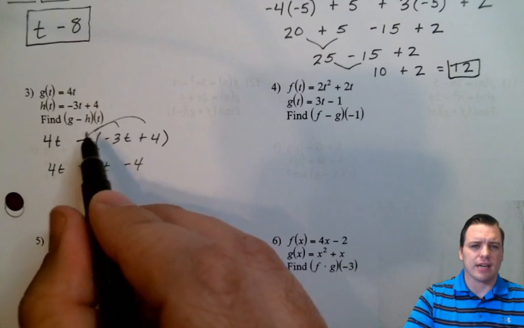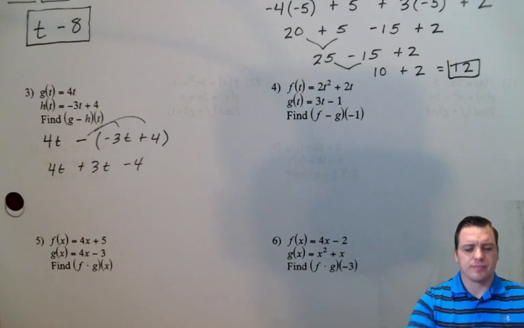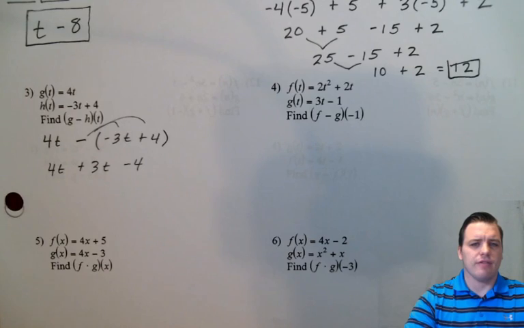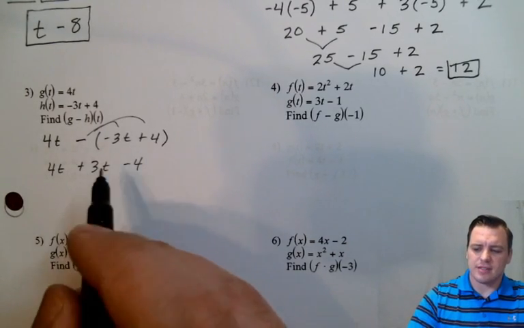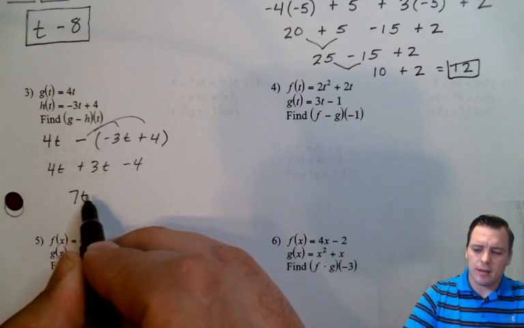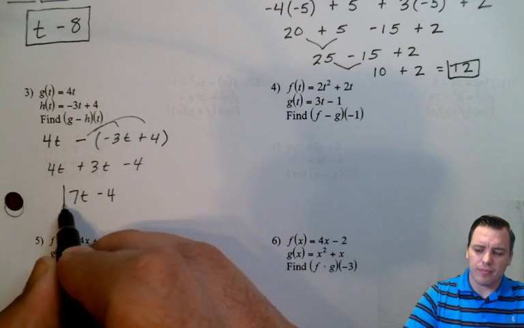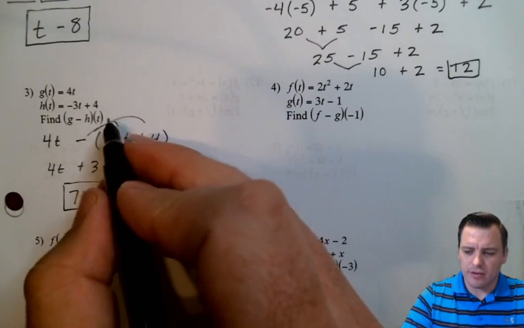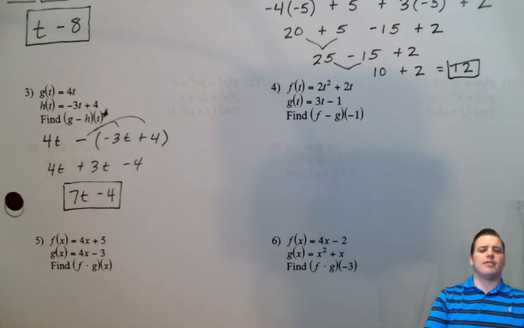That negative actually changes their signs. And we simply have 7t minus 4. Can't combine those, they're not like terms, and it said to solve it in terms of t. So I solved it in terms of t.